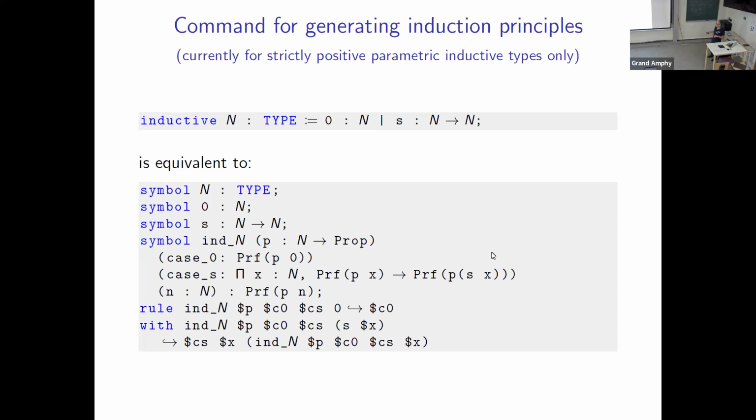And this can be done by just one command. So if you give a declaration like this, you say inductive N and then the constructors, and the system is going to generate all these things. It's equivalent to a declaration for each type and constructor, the induction principles, and then the rules defining the induction.